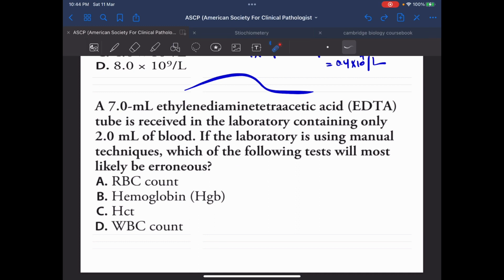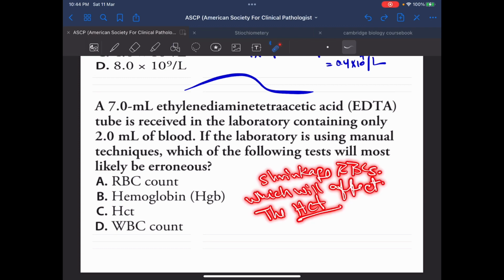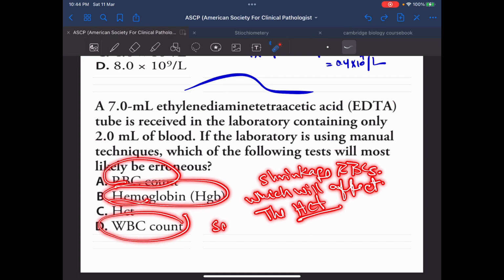will cause shrinkage of the RBCs, which will affect the hematocrit, while the RBC count, white blood cell count, and hemoglobin content will be the same. Don't forget here, this EDTA is not liquid EDTA.